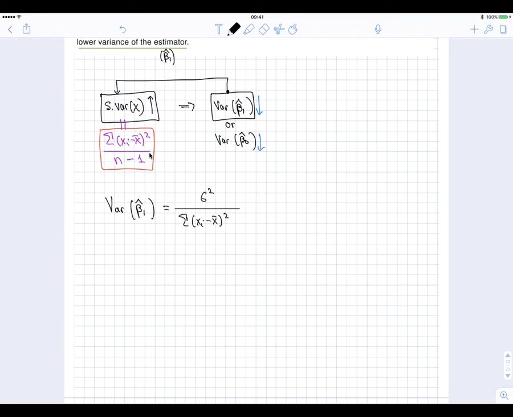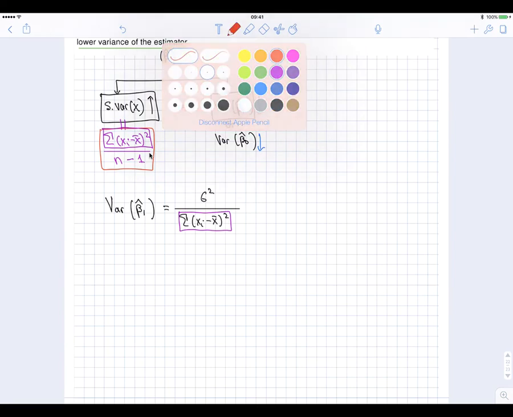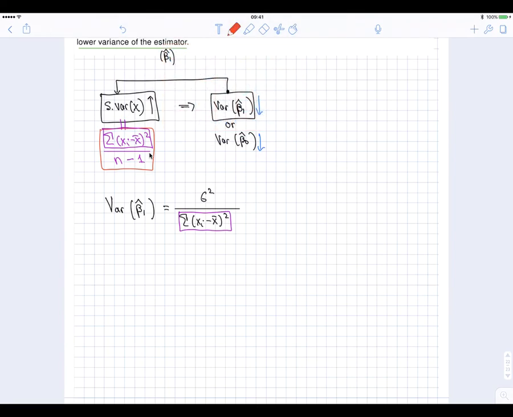Knowing that, you should start to see that this bit here looks very similar to this bit here. So I could, in principle, divide this by n minus 1 and multiply this by n minus 1, and the variance of beta 1 hat would equal sigma squared over the sample variance of x times n minus 1.